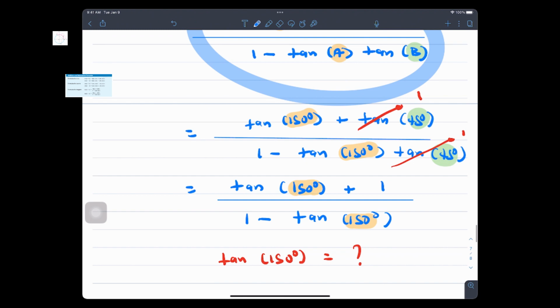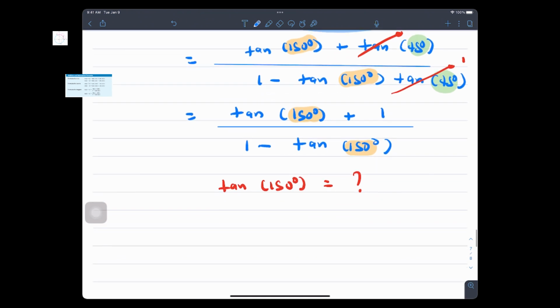So anybody remember that homework you did on this? You did some homework on this. Anybody know what I'm talking about? How do you deduce tangent of 150? I'm going to have to get out another picture.